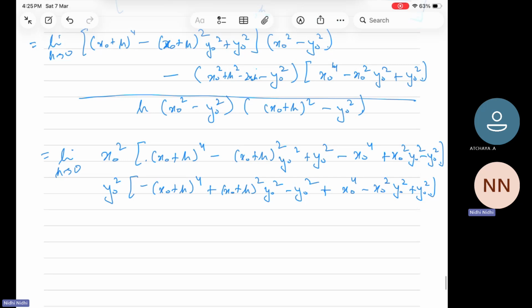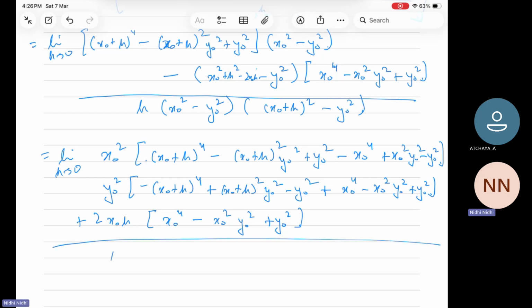Then we are left with 2x naught h, and with it x naught to the power 4 minus x naught square y naught square plus y naught square, all divided by h, x naught square minus y naught square times (x naught plus h) whole square minus y naught square.